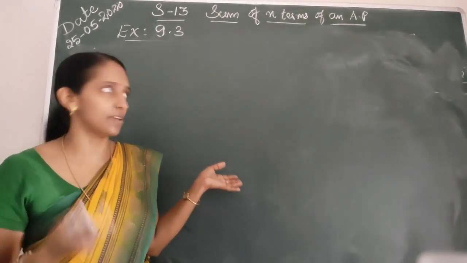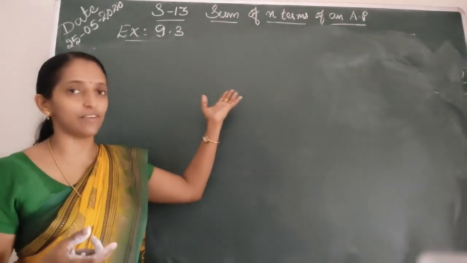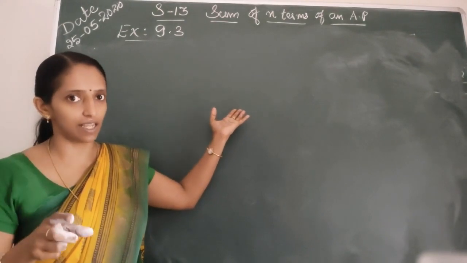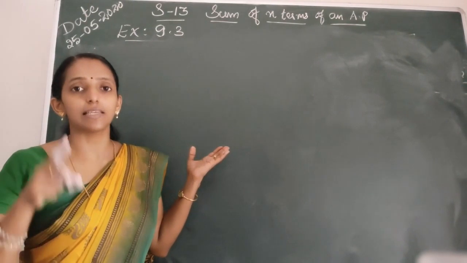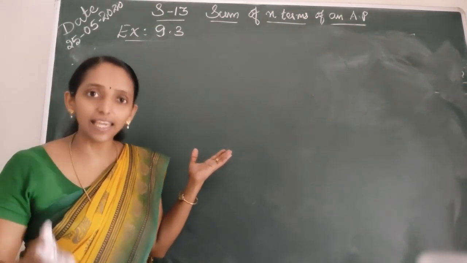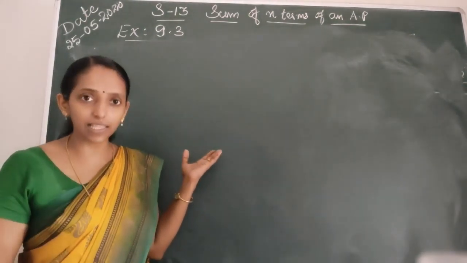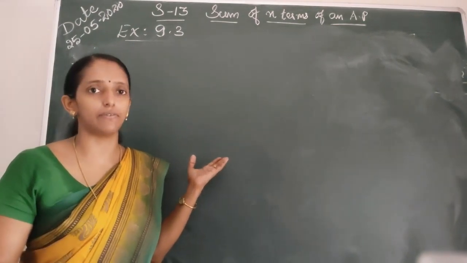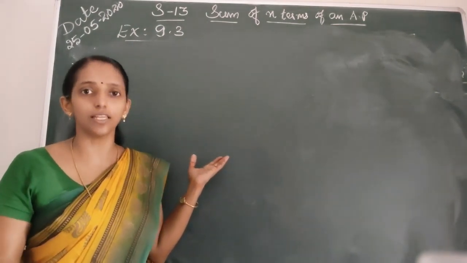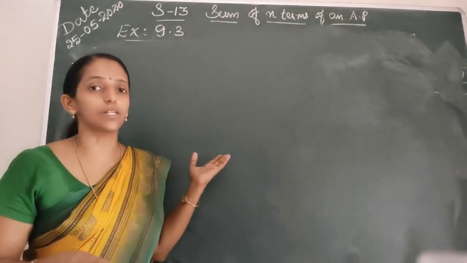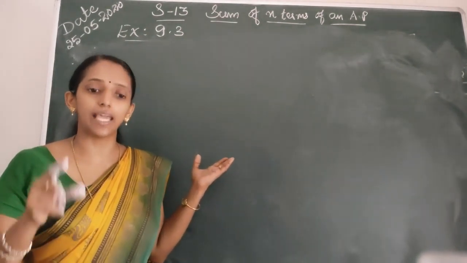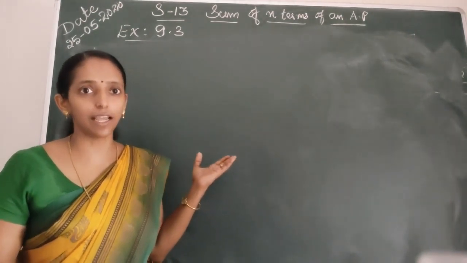In the case of an AP we have the formula Sn equal to n by 2 into 2a plus n minus 1 into d, or if you have the last term as well as n given, or if we can calculate n, we apply the formula Sn equal to n by 2 into a plus l, right?